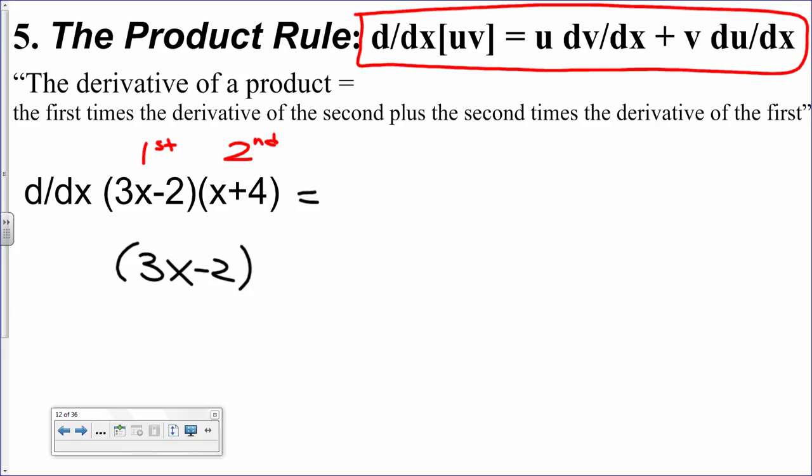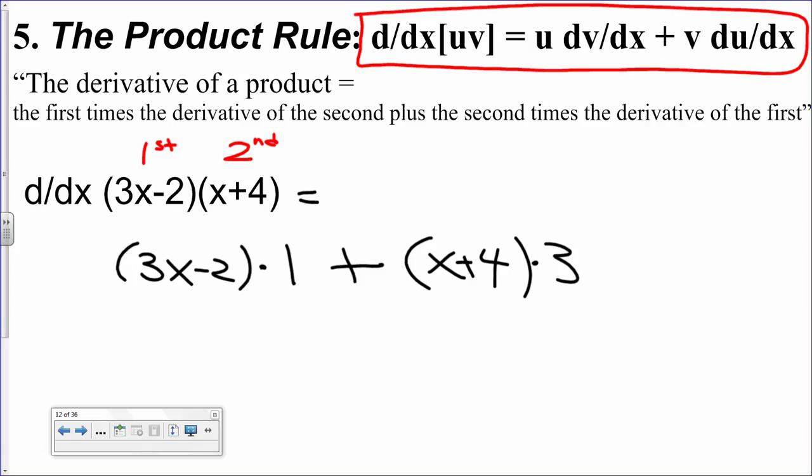What's the derivative of the x plus 4? 1. Then what? First times the derivative of the second plus the second times the derivative of the first. 3. Right? The derivative of 3x minus 2 would just be 3.